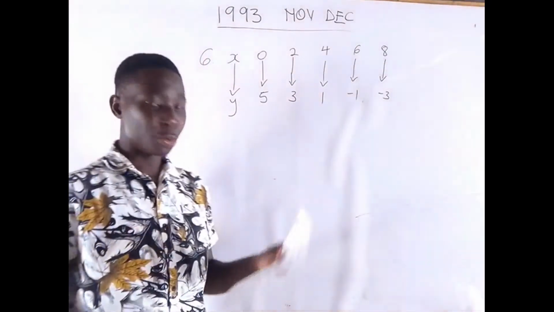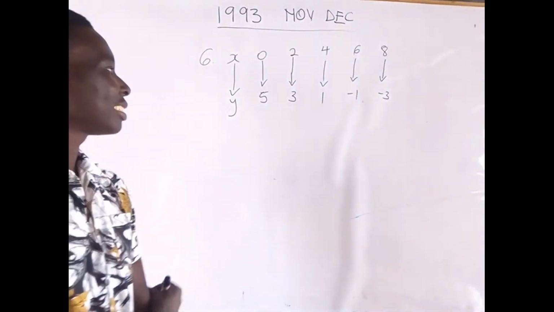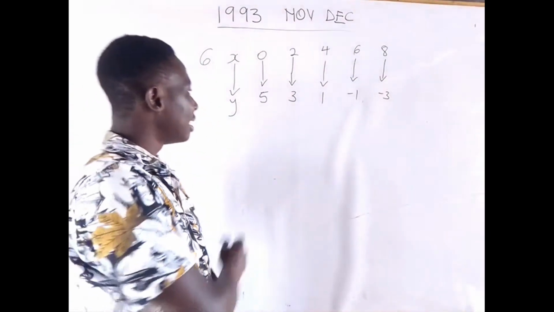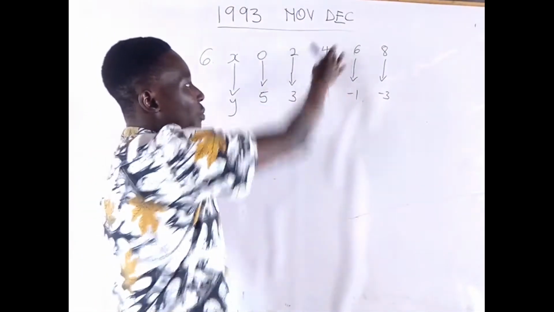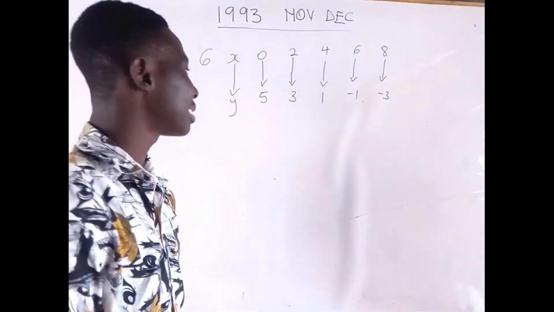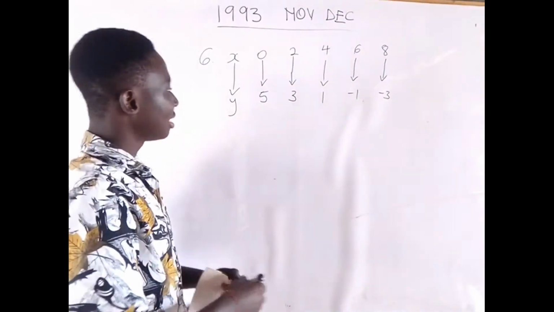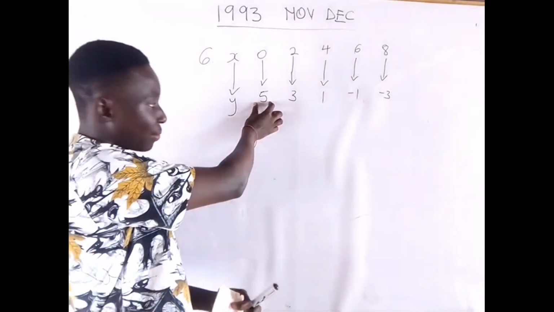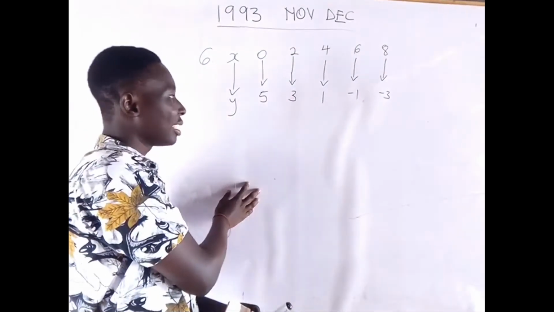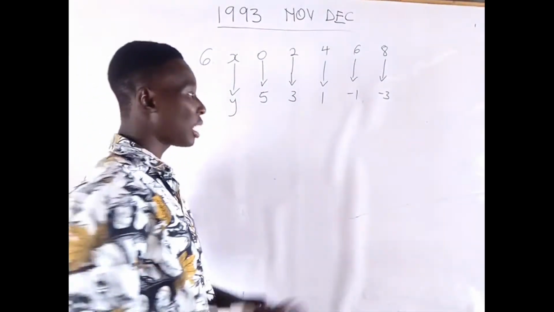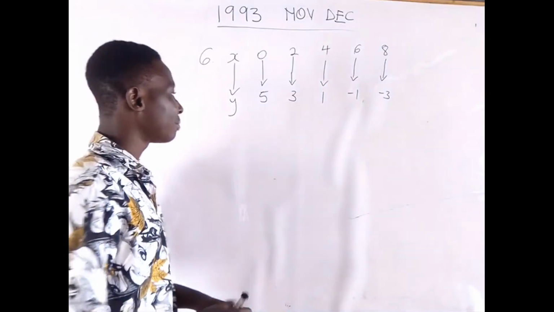So when finding the rule for mapping, what we do is that you check and see whether you can find some agreement in the codomain and the domain. And how do we find this agreement? You subtract the first one from the second one and subtract the second one from the third one in that order and see whether you can get some agreement in here.